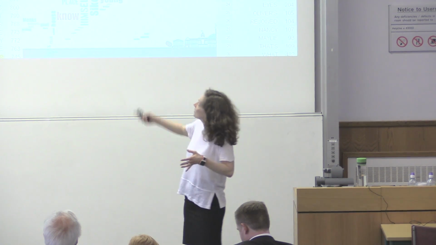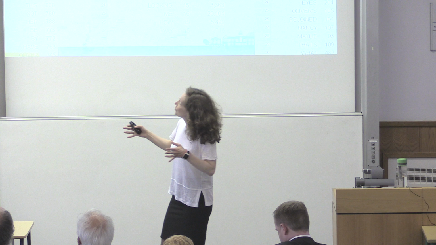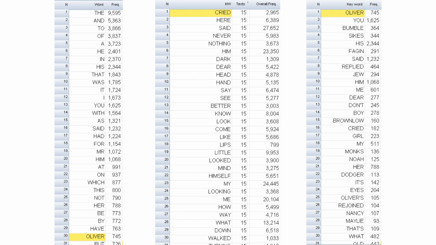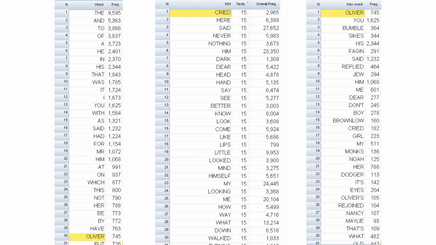And then you see that these are the words that are striking. Another comparison you could do is you could take all of Dickens's novels and then see which words are key in them individually, and then do key keywords to see which words are key shared across Dickens's novels. And then you get this kind of display.